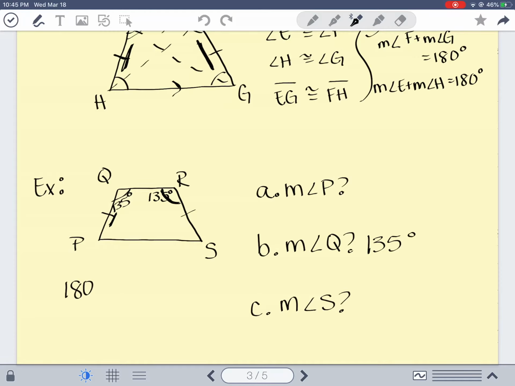So 180 minus your 135 gives you 45 degrees. So the measure of angle P is going to be 45 degrees. And then we know that these two base angles are congruent, so the measure of angle S is also 45 degrees.